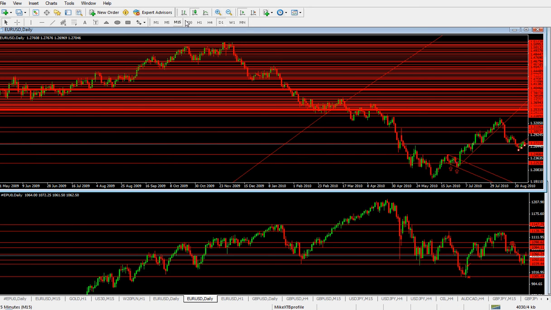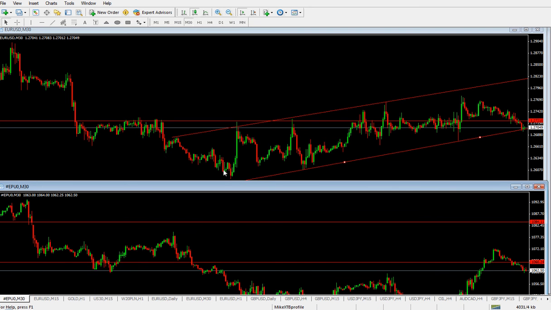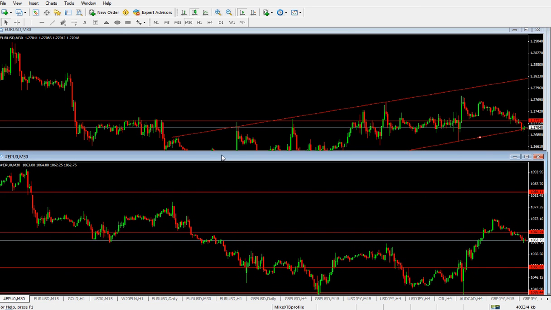But also when you're looking at the smaller charts, let's take a look at the 30-minute charts. You see here this kind of move, it looks almost the same, and the minor candles going down a little bit. These are very similar moves.